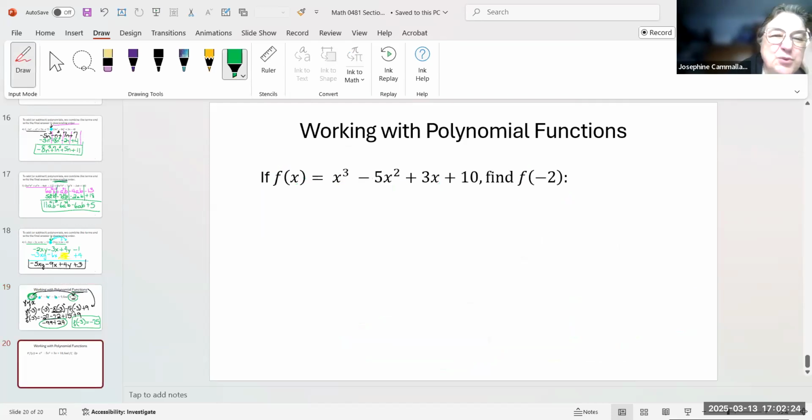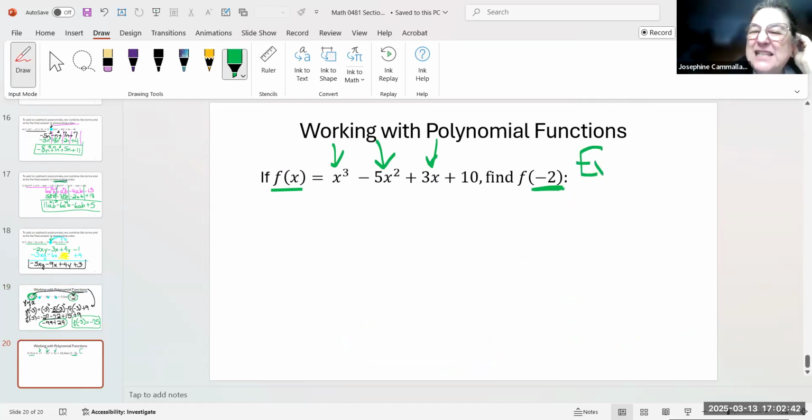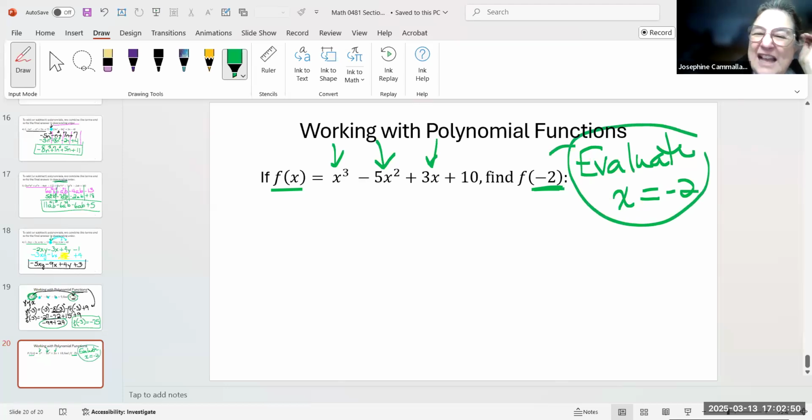Now I'm going to do one last one. This is the function symbol, which is saying for every one of these x's, I'm going to put in -2. I'm going to evaluate x is equal to -2. That's what this symbol is saying.